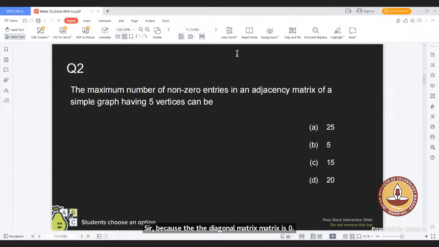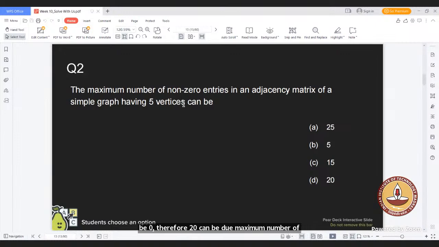This is 5 vertices, so the adjacency matrix can have 5 cross 5 entries, but the diagonal should be 0, right? There will be at least 5 zeros. So there are 25 places possible, but 5 will be 0. Therefore 20 can be the maximum number of non-zero entries.